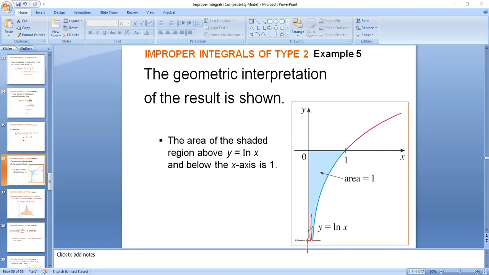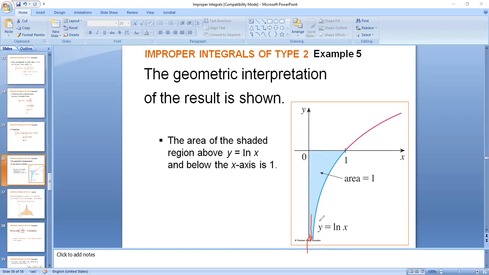So again, we go back to the original comparison. For type 1, the curve will extend either to the right or to the left. In the case of type 2, the curve will be extending either upwards or downwards. So that is why it's type 2.